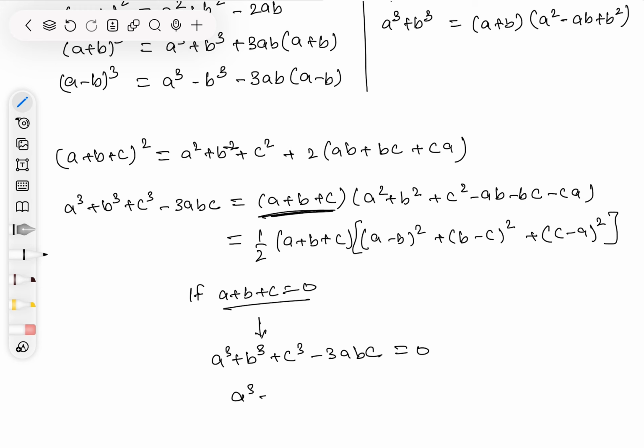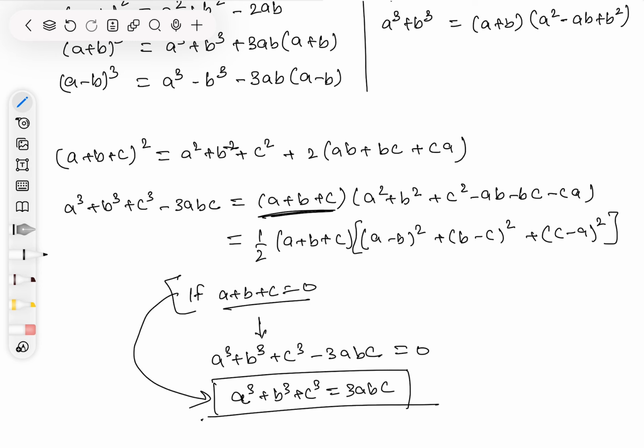So that means we will get a cube plus b cube plus c cube equals 3abc. This is the result we get if a plus b plus c is equal to 0. Okay. So if the sum of three numbers is 0, in that case the sum of the cubes of those numbers is equal to 3 times the product of those numbers. So a cube plus b cube plus c cube will be equal to 3abc.